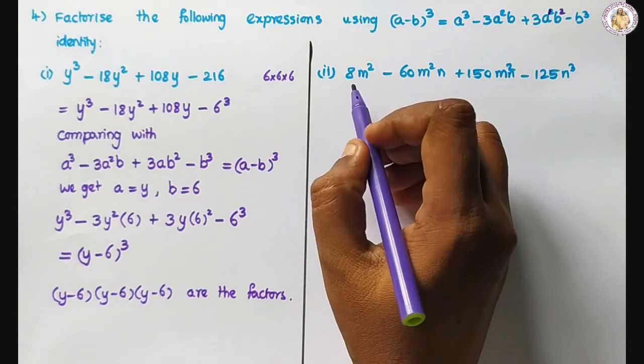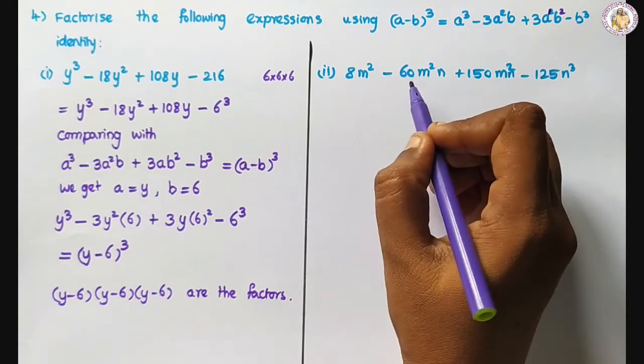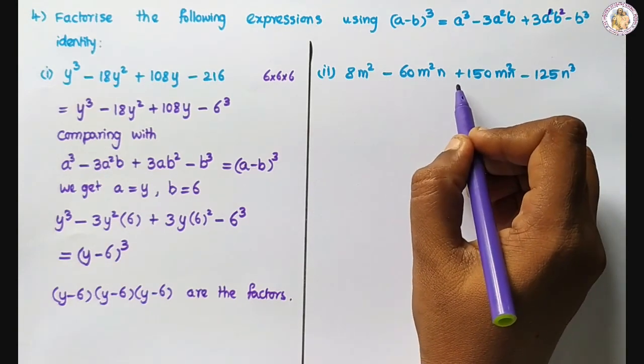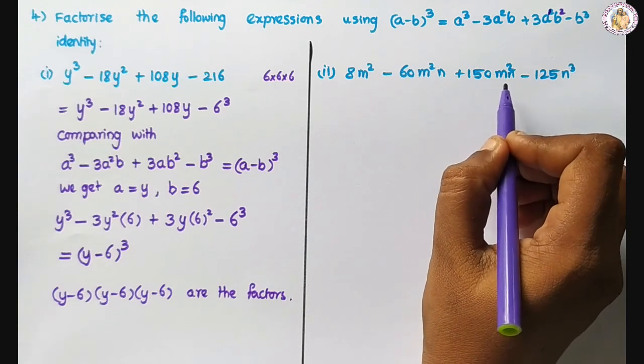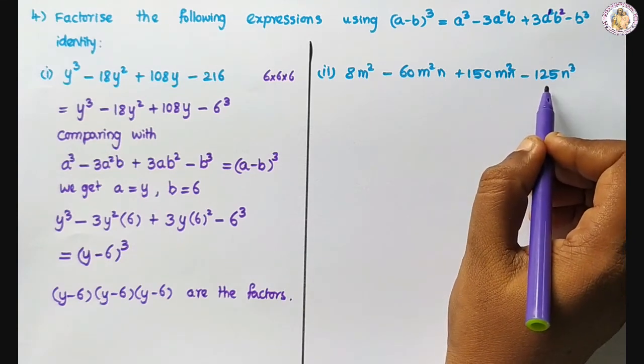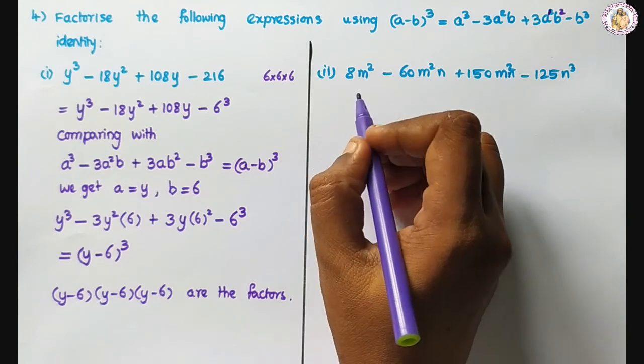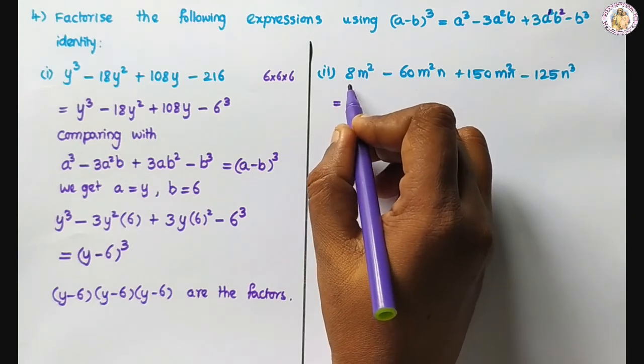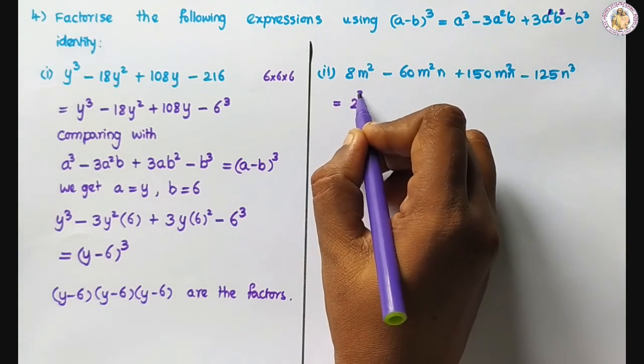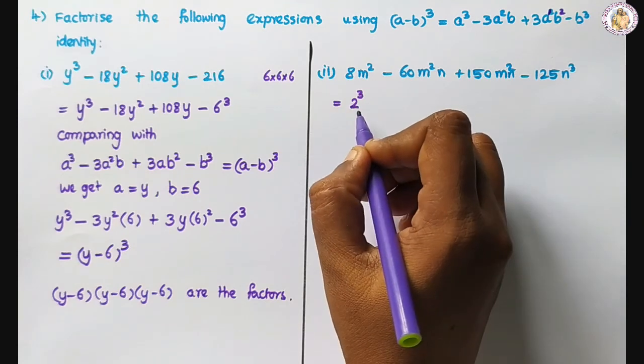Next one, 8m cube minus 60m squared n plus 150m n squared minus 125n cube. This can be written as 8, that is 2 cube. 2 2s are 4, 4 2s are 8.